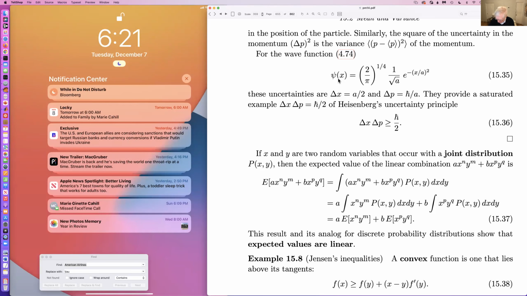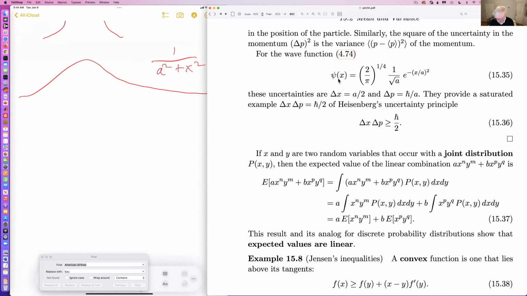And whoops, what happened here? So let me switch maybe to blue. And what's the average value of P? Well, you can see that because this thing is symmetrical, the average value of P is going to be 0.